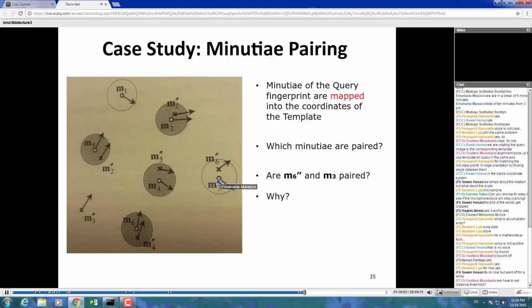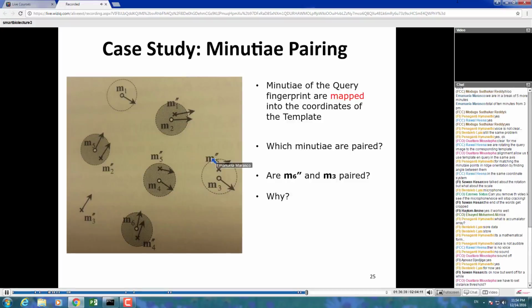How to do it? We need to consider the distance threshold and the distance in rotation. Then we need to compute the difference in location and orientation and see if they are less than both thresholds. So in this figure, M6 and M3, do they pair or not?